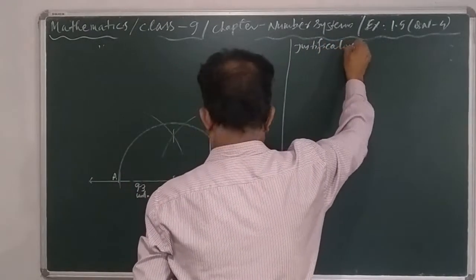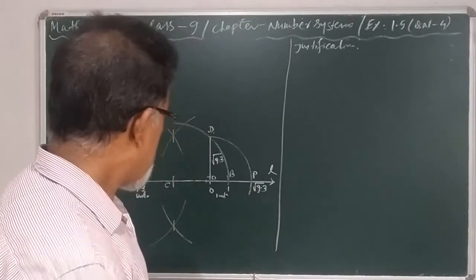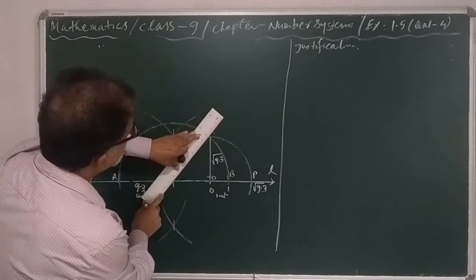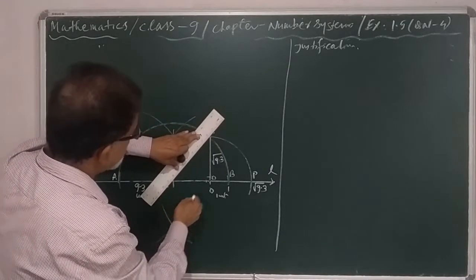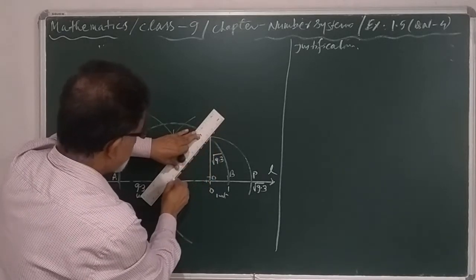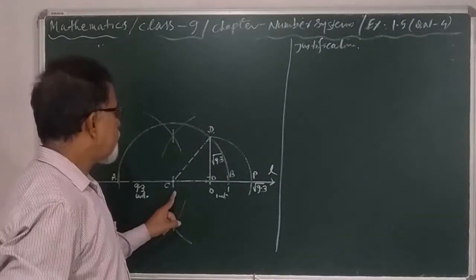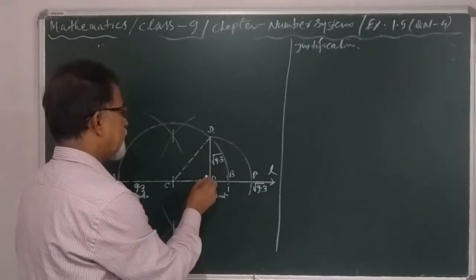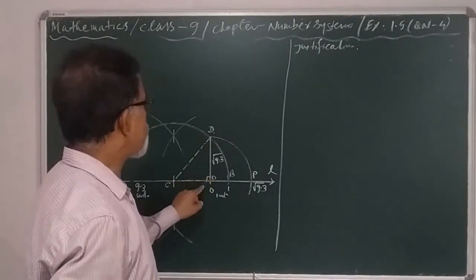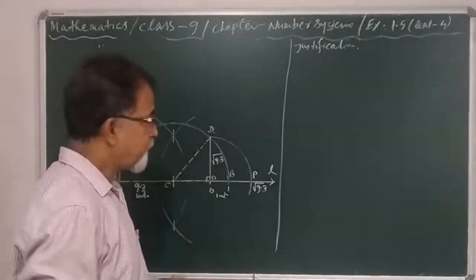Justification. In order to justify, we will join C and D. Clearly, triangle COD is a right angle triangle with angle COD equal to 90 degrees and OD equal to root over 9.3.